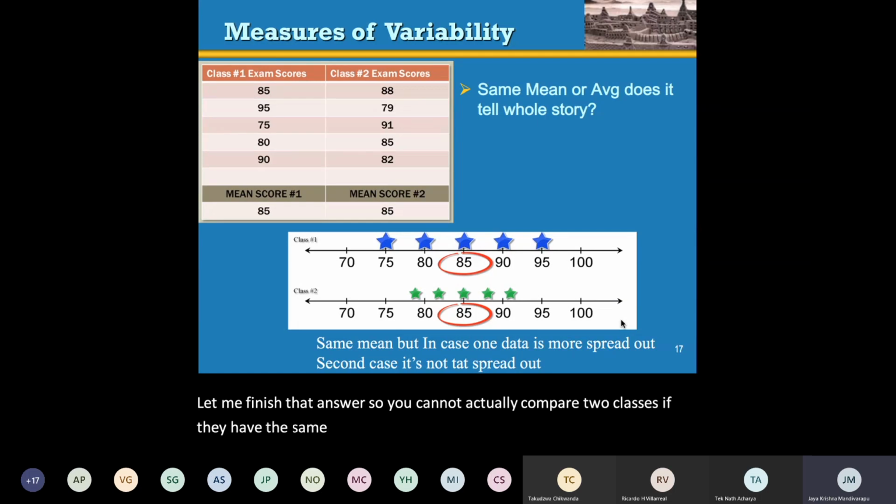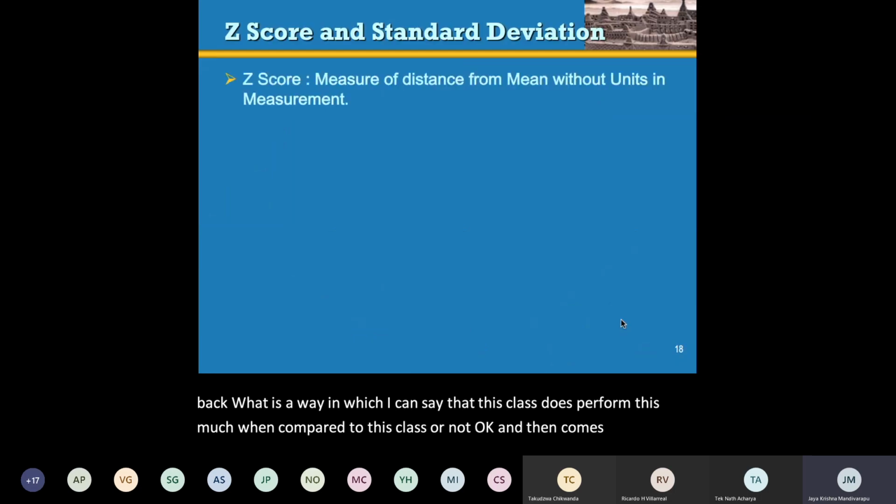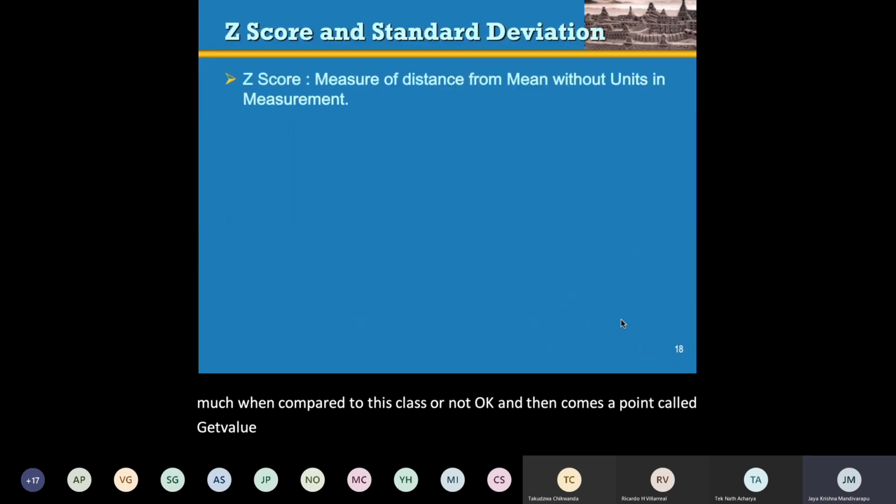So then comes a point: what is a way in which I can say that this class performs this much when compared to that class? And then comes a concept called z value, z score and standard deviation: a measure of distance from the mean without units of measurement.